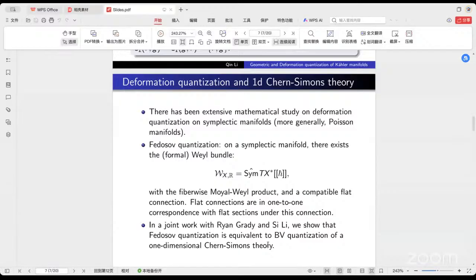Okay, so in this work there is also a one loop exactness, but the one loop exactness in the work with Grady and Li is on the cohomology level.